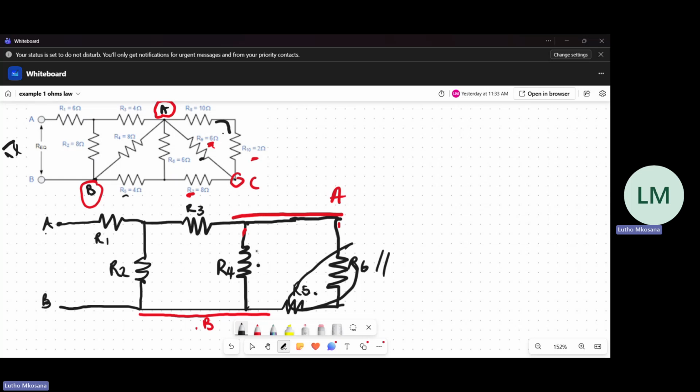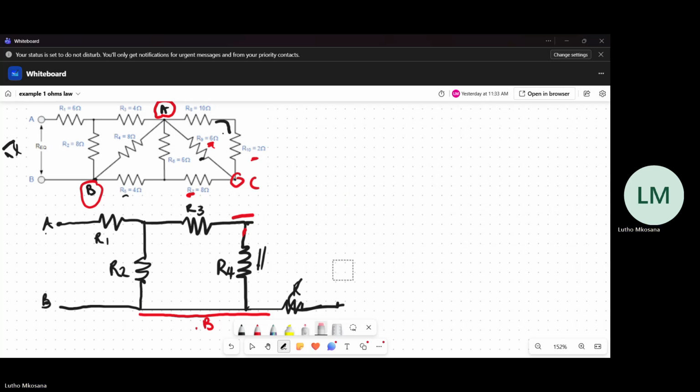Once we are able to calculate that series and parallel combination, we'll be left with a new resistor there, and then it will thus reduce our circuit, because we are aiming to make an equivalent circuit.